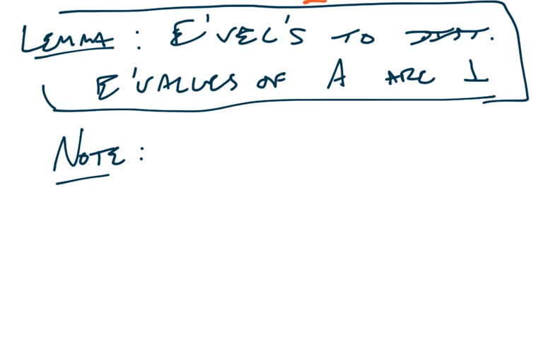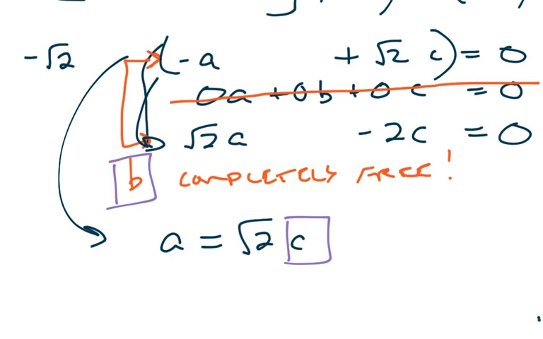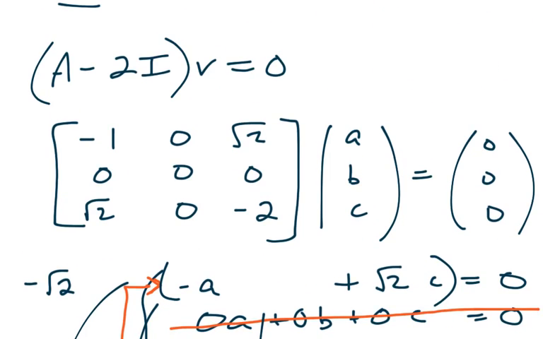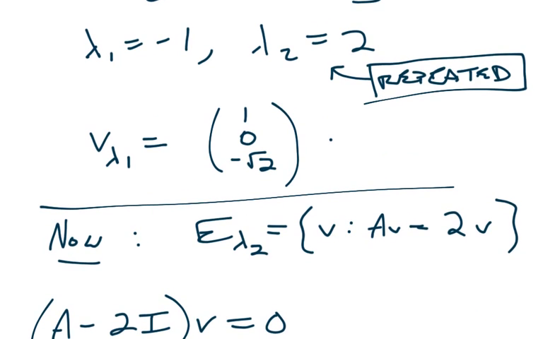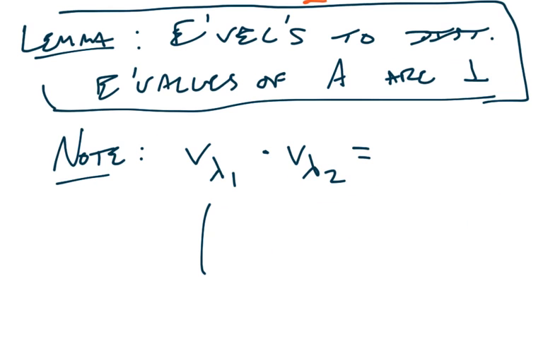So what I'm asking here is you want to look at v lambda 1 dotted with these two eigenvectors that we just chose. V lambda 2 would be the first one to check. So this is v lambda 1. I wrote it down on the last page, I think. Yeah, 1, 0, negative root 2.